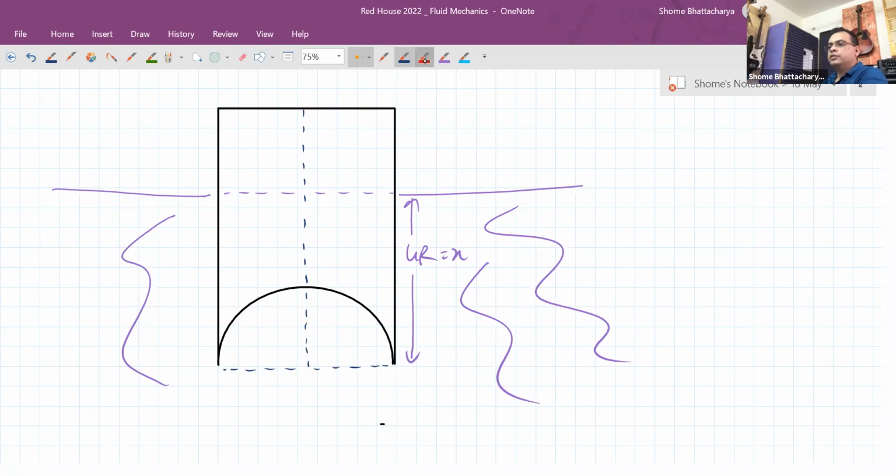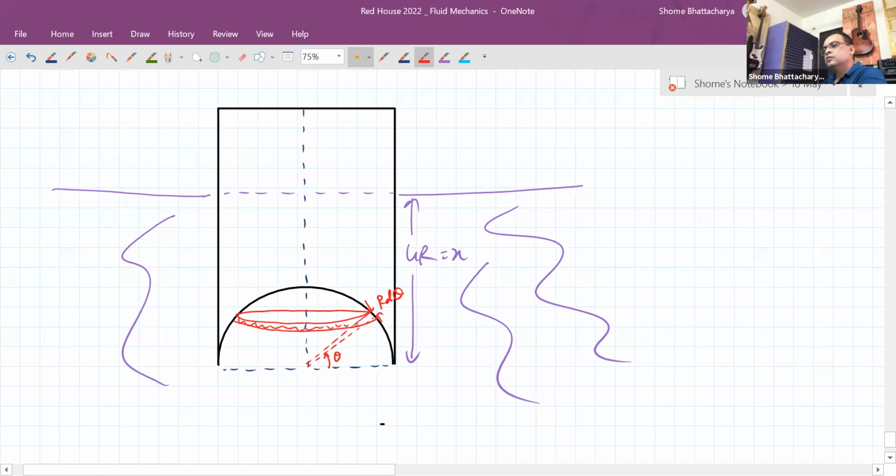So what we have to do is slice at an angle theta like this, a strip of thickness r d theta. That strip will consist of a ring like this. That ring will have a thickness of r d theta.